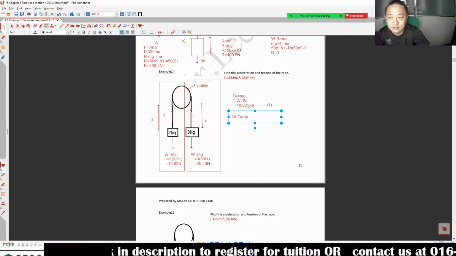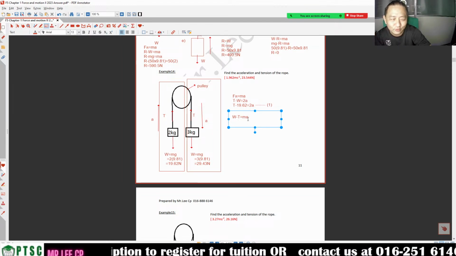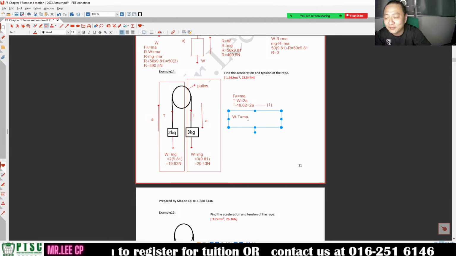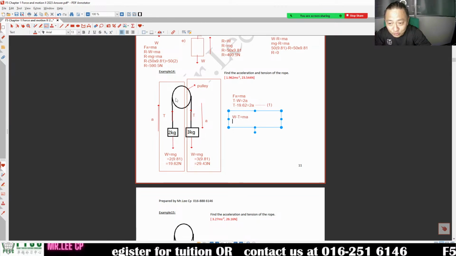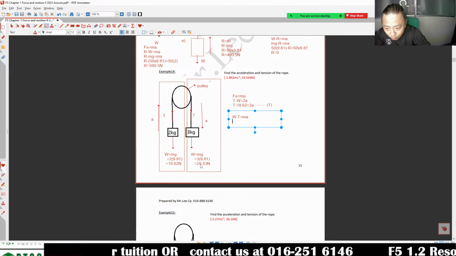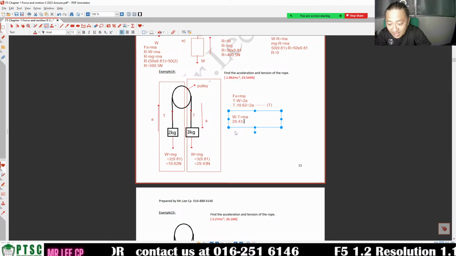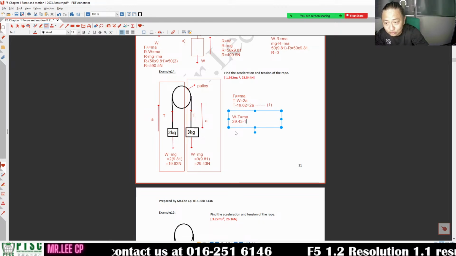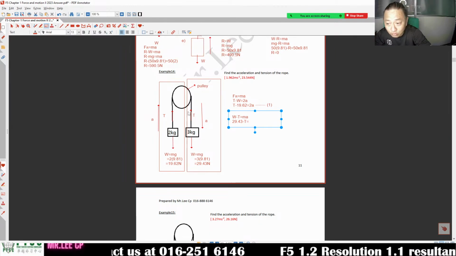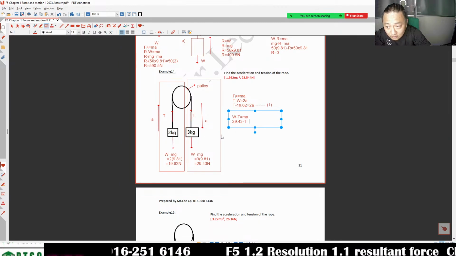We got F is equal to MA already, I don't want to rewrite it. Weight is 29.43. So 29.43 minus T, T I don't know, is equal to M times A. M is 3, not 2 anymore. Look at this box only. 3A.